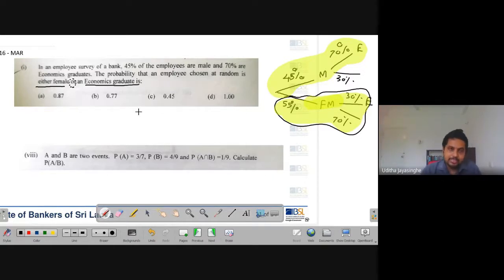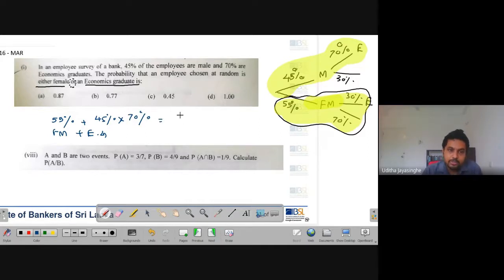So effectively, students, if you do the computation, you're going to get an answer something like 55%, that is female, plus economic graduates coming from the male population. Out of the 45%, 70% is going to come from the male economic graduates.